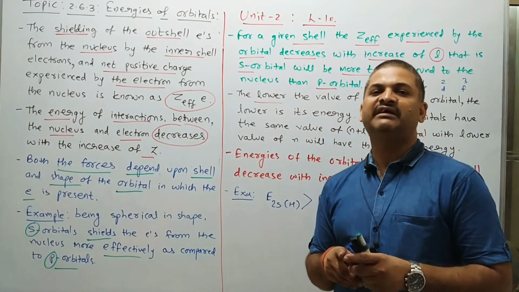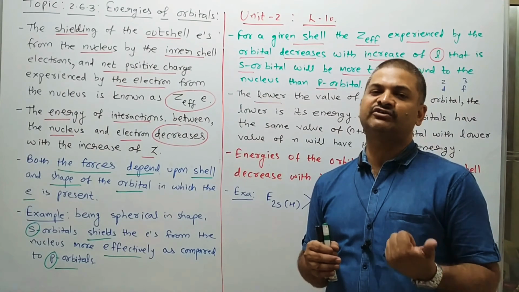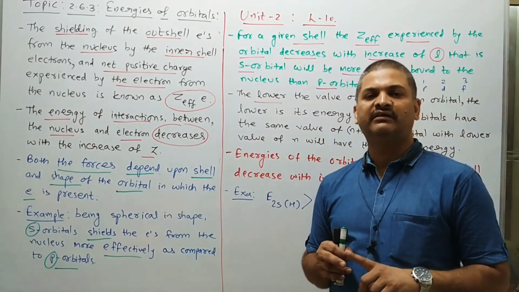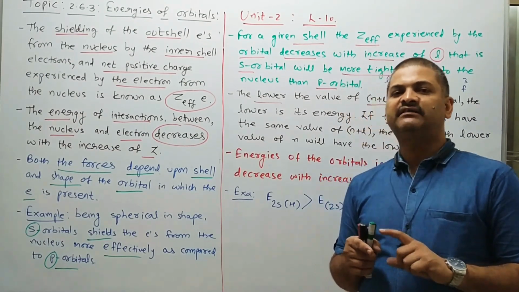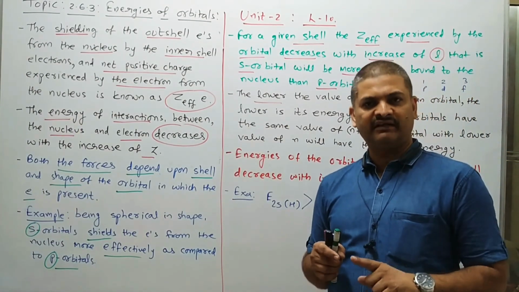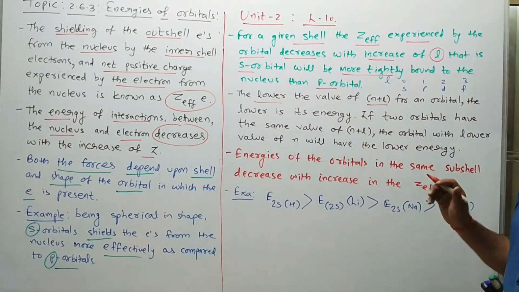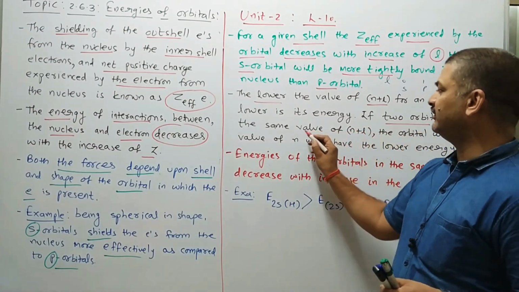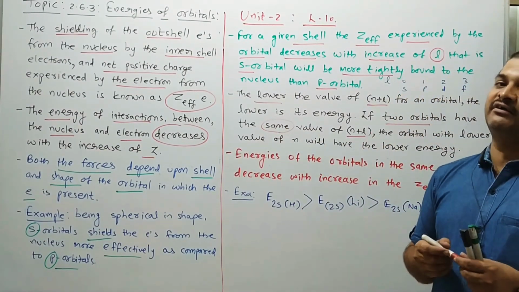Therefore, whenever we are writing the sequence of orbitals, 4s is written first, then after that 3d will come. It means if we are writing orbitals, first of all 1s, then 2s, 2p, then 3s, 3p, and 4s will come. Then 3d is there. Clear? Why? Because we are following this type of rule, the n plus l energy rule. But suppose two orbitals have the same value of n plus l, then what will you do?